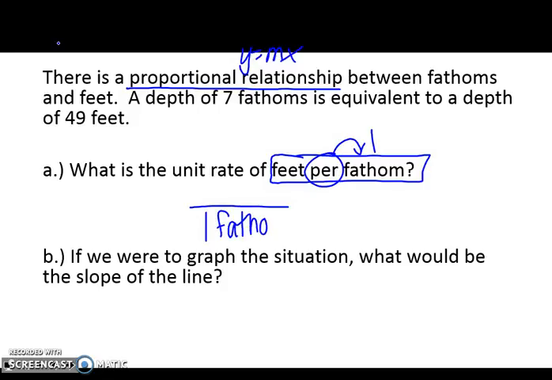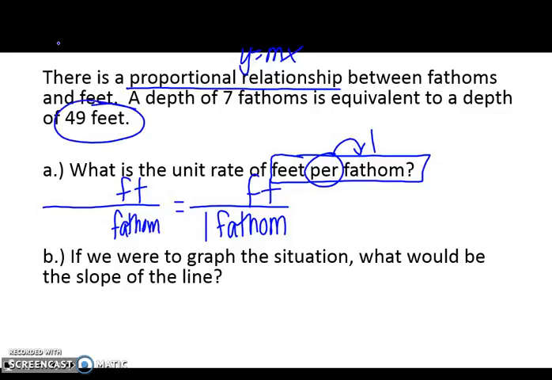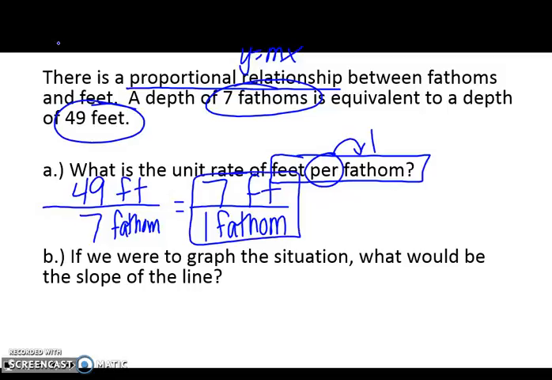So I want to know for 1 fathom how many feet. So we set up our proportion. So feet has to go on top. Fathom has to go on bottom. So 49 feet with a depth of 7 fathoms. So that would simplify to 7 feet per fathom.